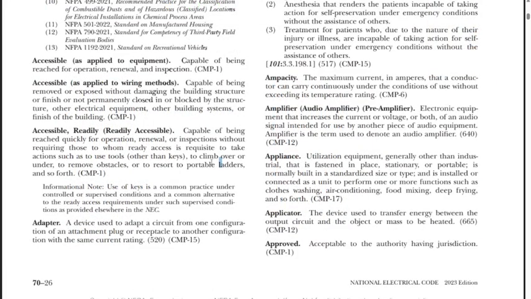All right, readily accessible for operation, renewal, or inspections, again, without requiring those to whom ready access is a requisite. So in other words, the operator of the machine needs to be able to reach that stop button without any kind of issues. However, other than keys, the person can have something locked behind something that they have a key to.